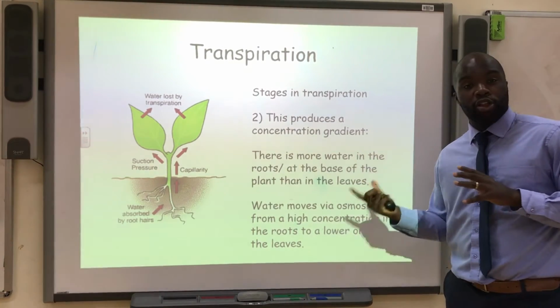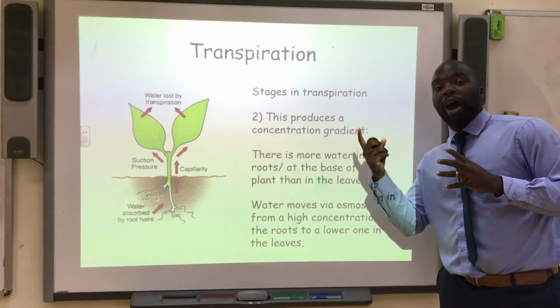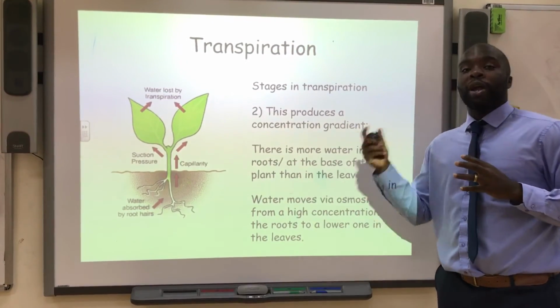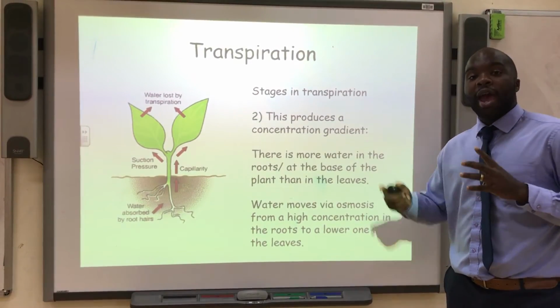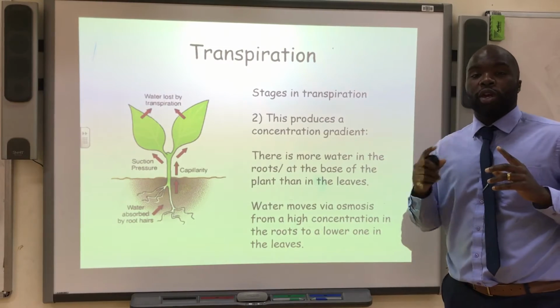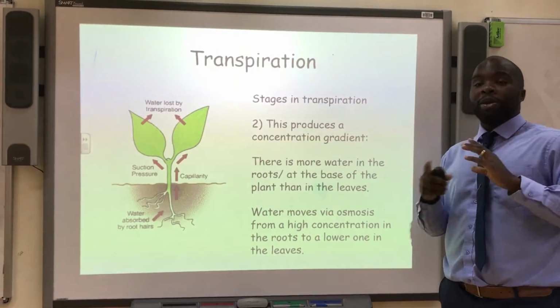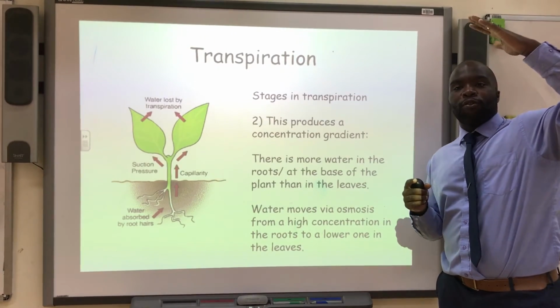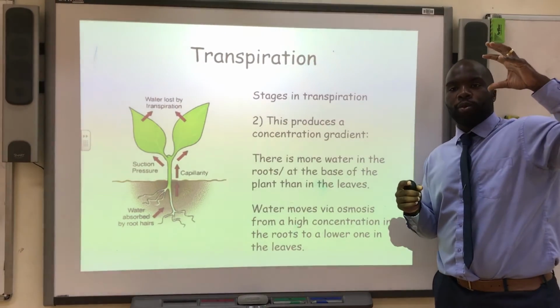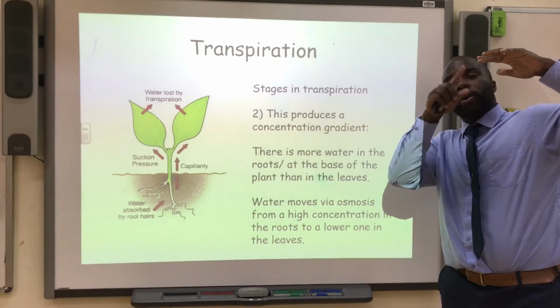And because there's a high concentration of water in the soil, water molecules are going to move from a high concentration in the soil to a low concentration in the roots. And there's that continuous movement of water molecules all the way up the tree. That's really important, and that's the process of transpiration. Water being lost from the leaves causes a low concentration of water molecules in the leaves. Therefore water will move from the roots all the way up to the leaves.